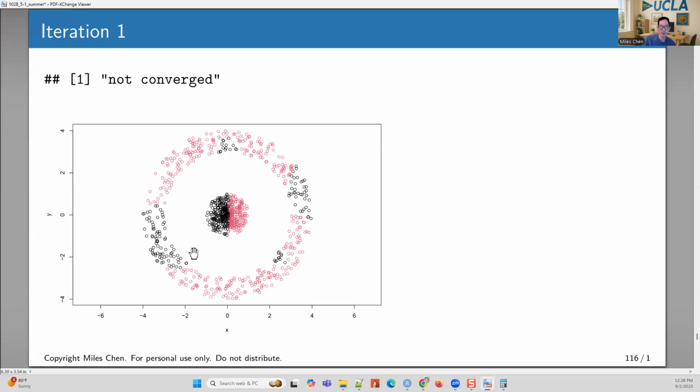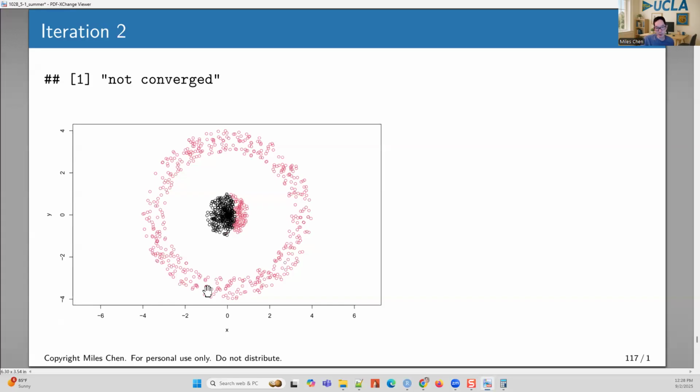We don't fully understand what's going on here. The data has been projected into this higher dimensional space, and apparently in this higher dimensional space, some of these points are closer and some of these other points are closer. By the next iteration, this is what we have.